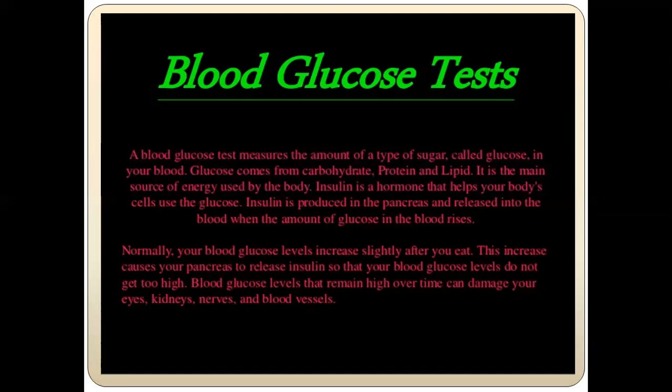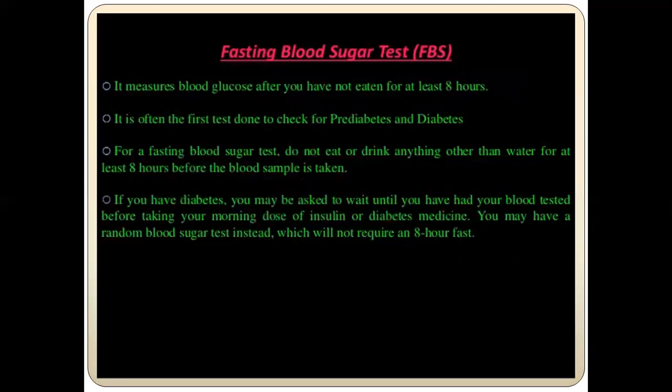Okay? When we eat something, after eating, what happens? Blood glucose level increases in our blood, and as a result, secretion of insulin is released.